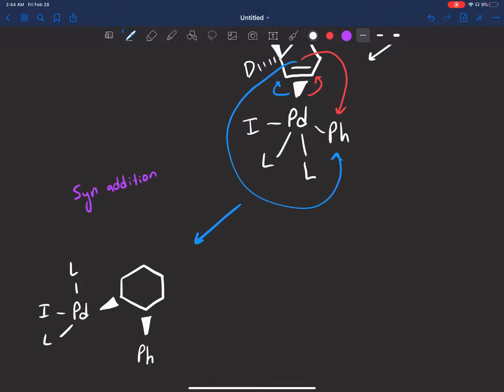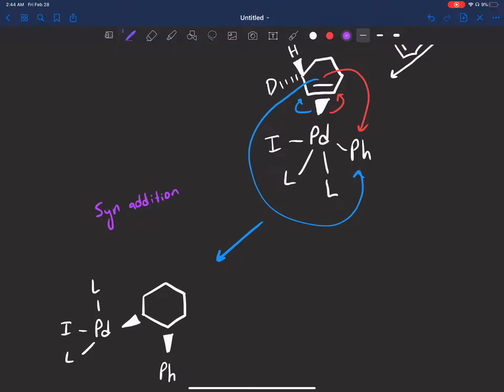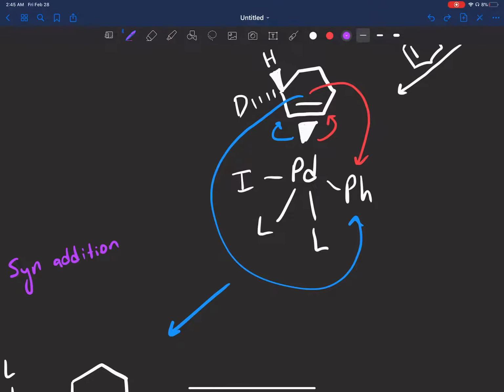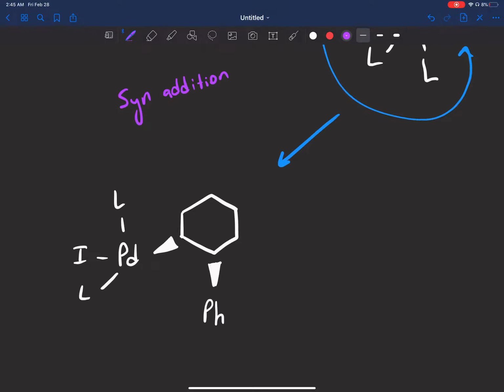So let's just take a look at our arrows. The palladium, with this wedged bond right over there, binds to this carbon on the left. What that means is now, if it binds to the carbon on the left of the double bond, this double bond attacks the phenyl and it binds to the other carbon of the double bond, right? If I number them, this was carbon 1, this was carbon 2.